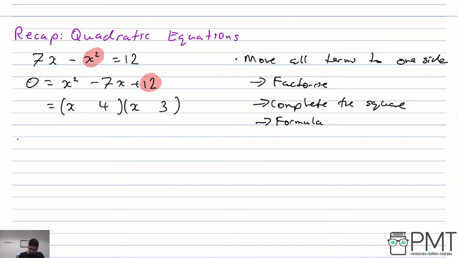Since you have 12 and minus 7, you need two numbers that multiply to give you 12, and they should add to -7.